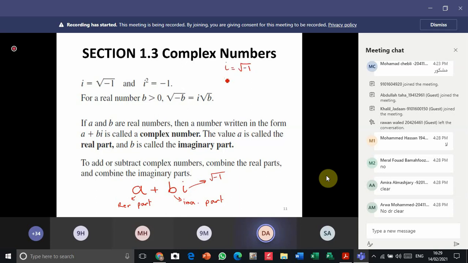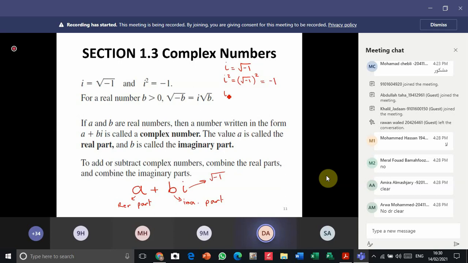I square equals radical -1 all squared. We can remove the square with the radical, so this is equal to what? -1. So if we have a square equal to a negative, we have a complex number, not a real number.